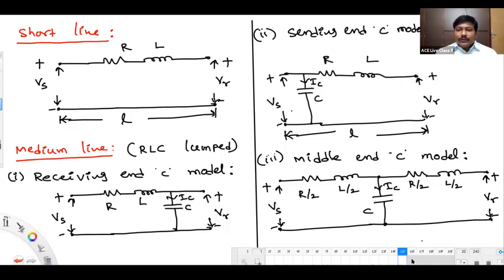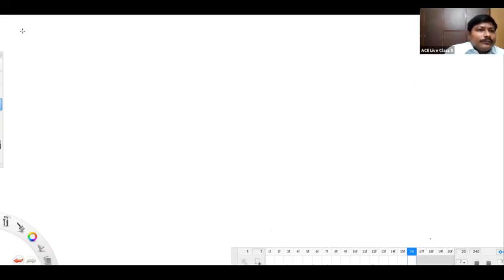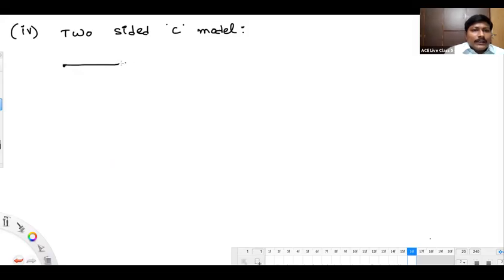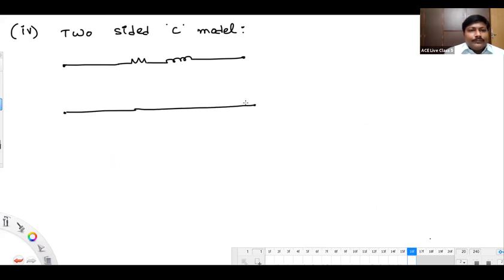Fourth one, the two-sided capacitor model: total resistance and total inductance I keep at only one place, and half of the capacitor at the sending end side and the remaining half at the receiving end side.